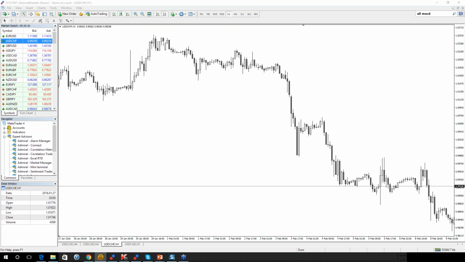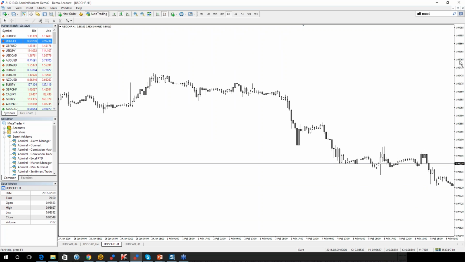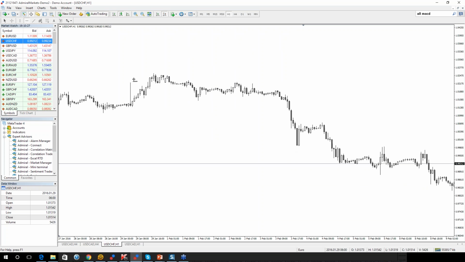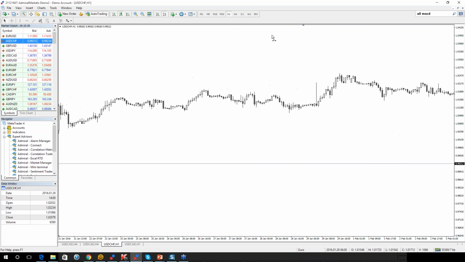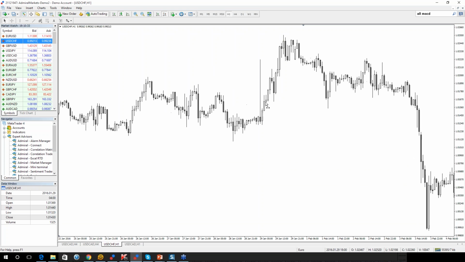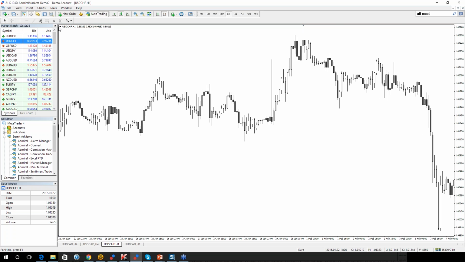Let me go like this. We will shrink the chart basically, and we need first to see where the trend has changed, and exactly at this spot the trend has changed.